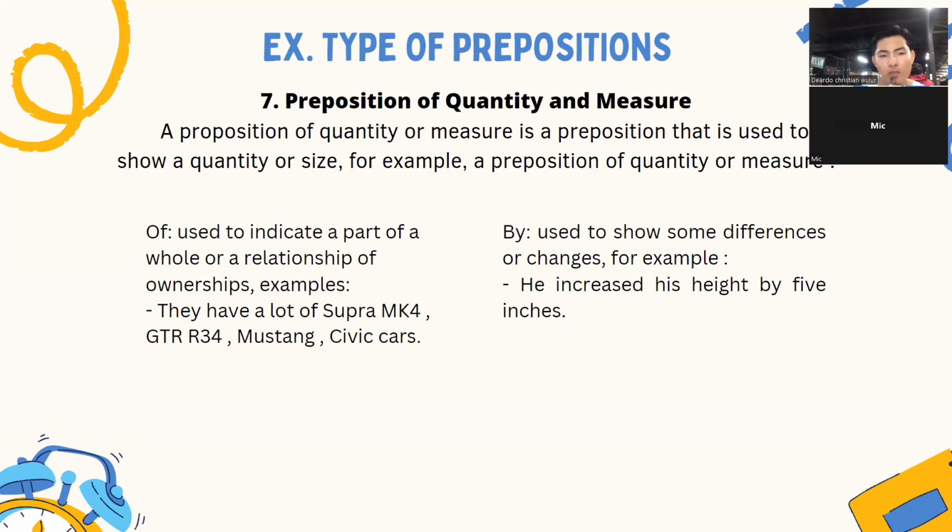Example, they have a lot of Supra MK4, GTR R34, Mustang, and Civic cars. By is used to show some difference or change. For example, he increased his height by 5 inches.